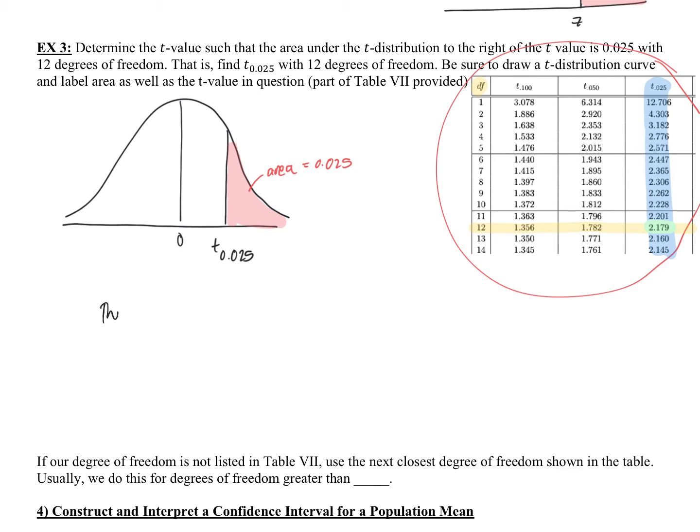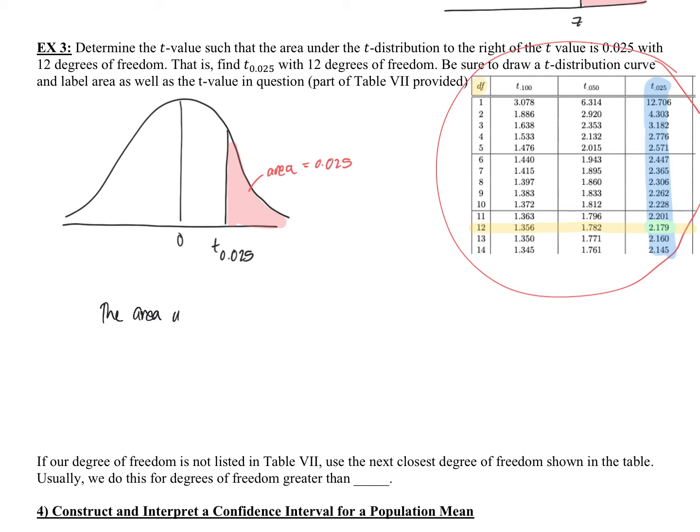So, how would we write our answer? Well, the area under the t-distribution to the right of t equals 2.179 with 12 degrees of freedom is 0.025. So let's go ahead and write that.